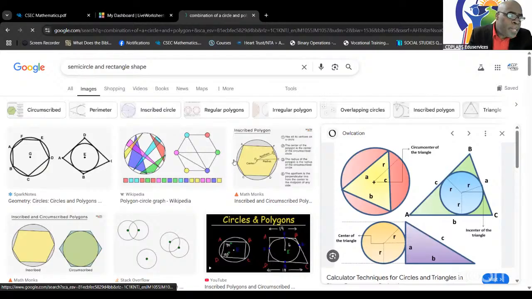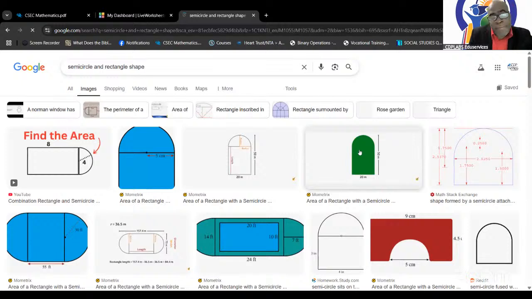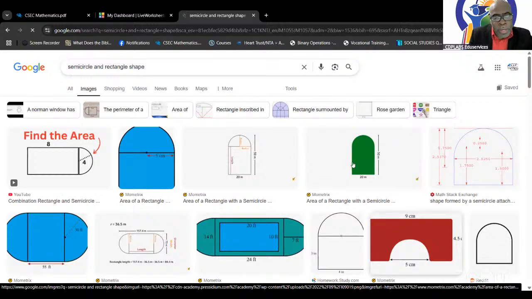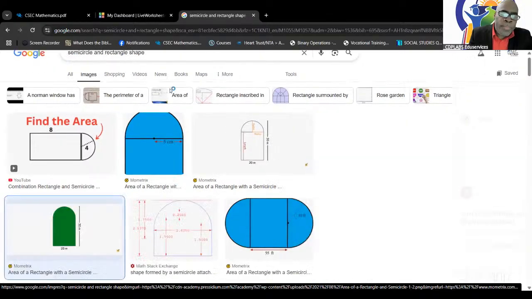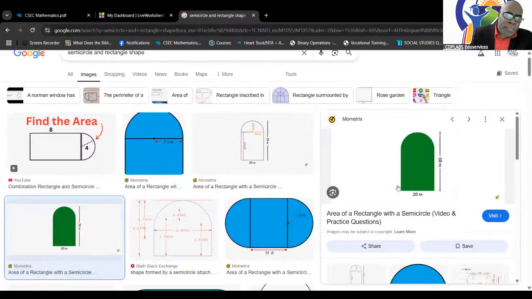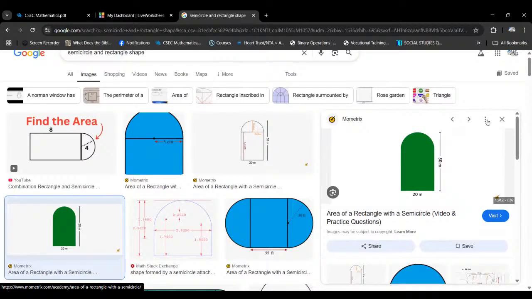All right, so here's one. As a matter of fact, let me take my time with it first. Let's use this one. If you are given this shape, this is a combined shape. By the way, does it look like a combined shape to you? Yes, sir.